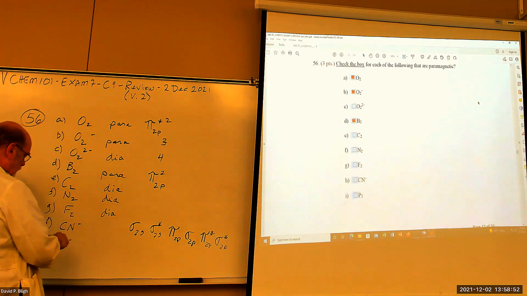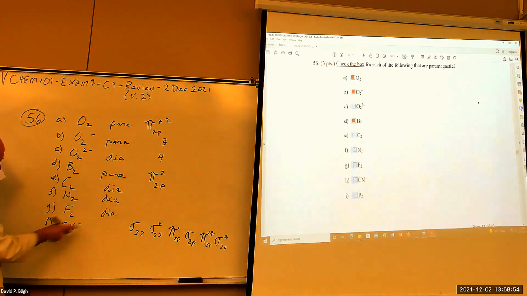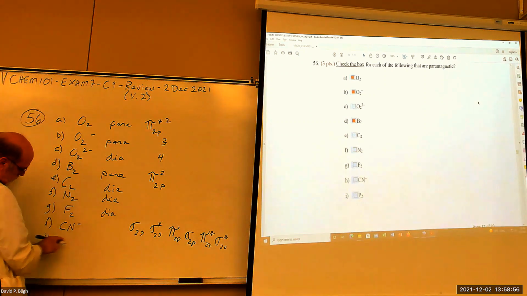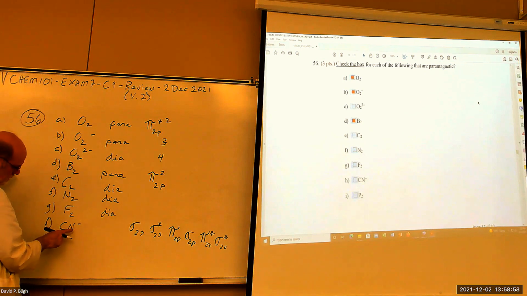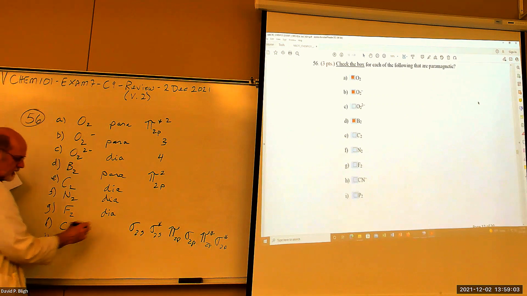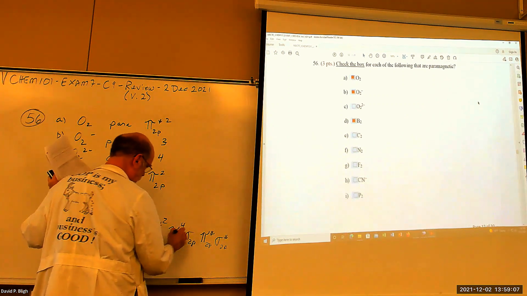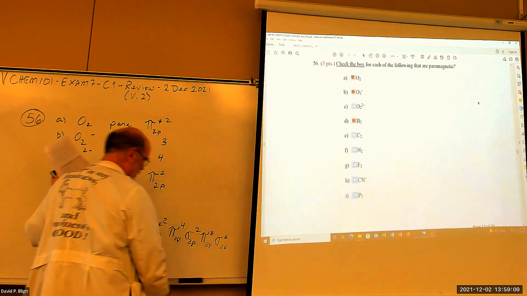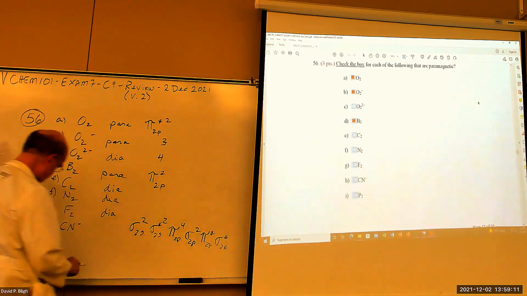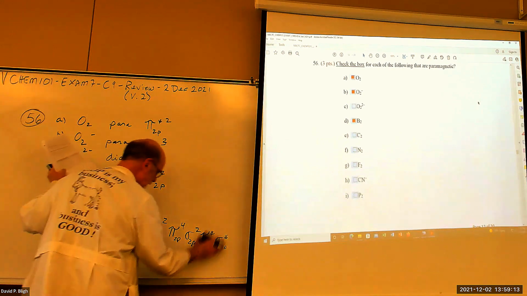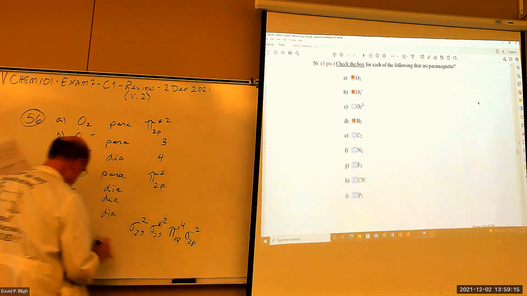We may not need all those. The valence shell has 4 for carbon, 5 more for nitrogen, and 1 more makes 10. So we have 2, 4, 8, 10. Okay, that's the structure.